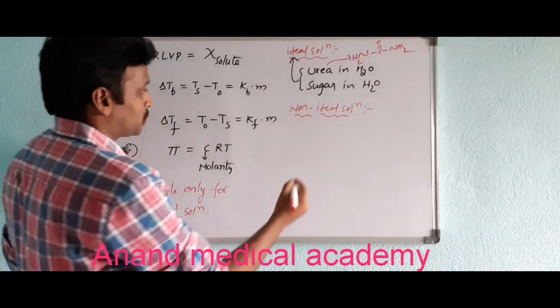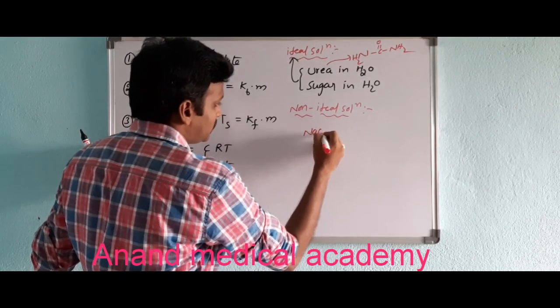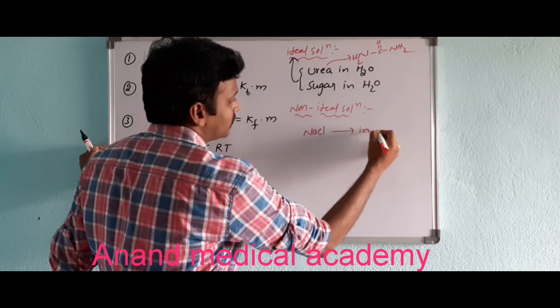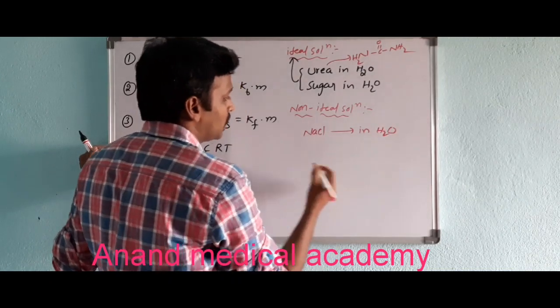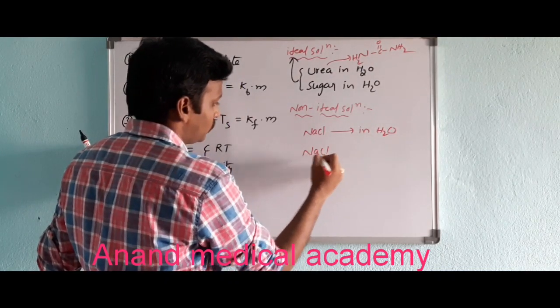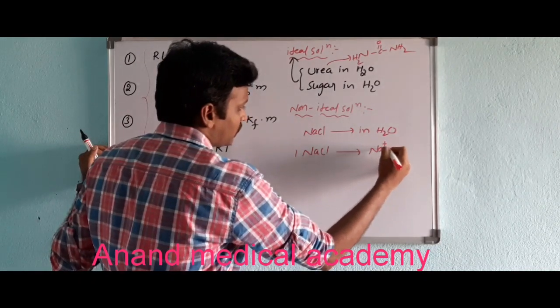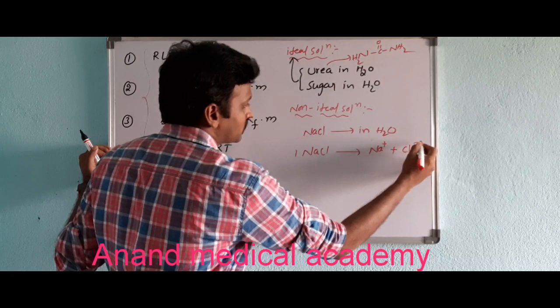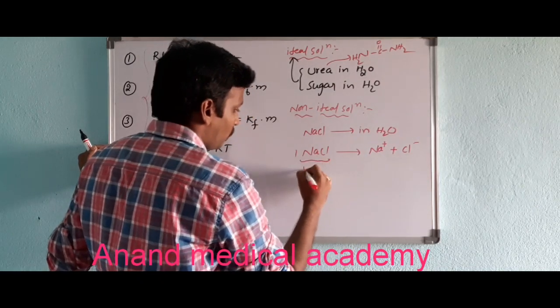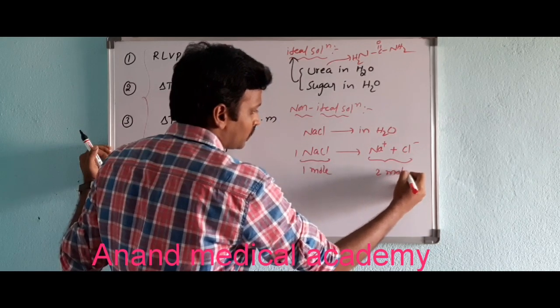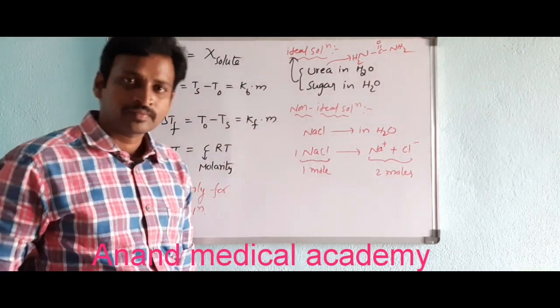Come to the non-ideal solution. Suppose NaCl is dissolved in water. How many moles have we taken? Suppose 1 mole of NaCl was taken. It dissociates as Na+ and Cl−. So 1 mole is converting into 2 moles of ions.